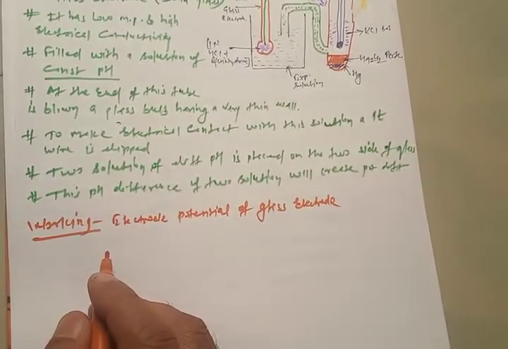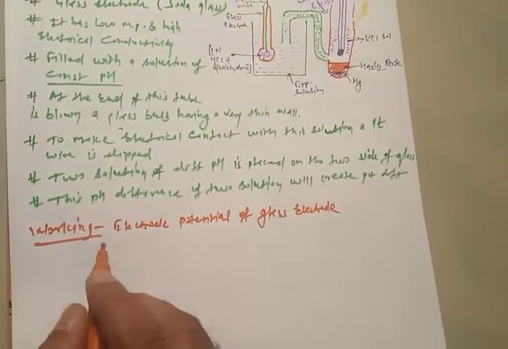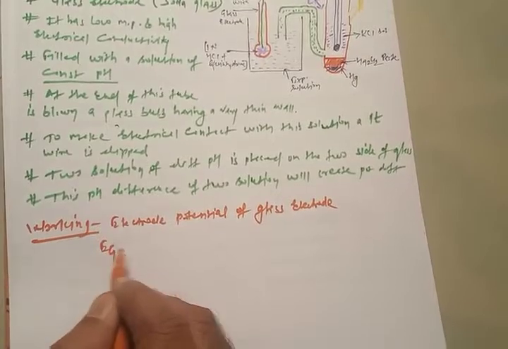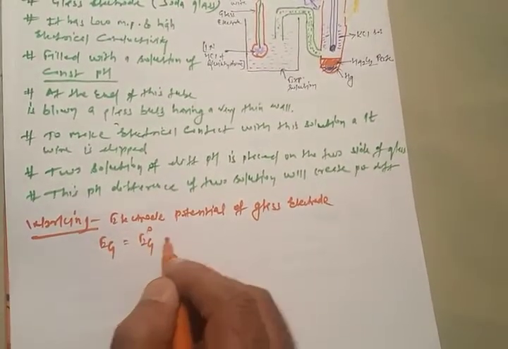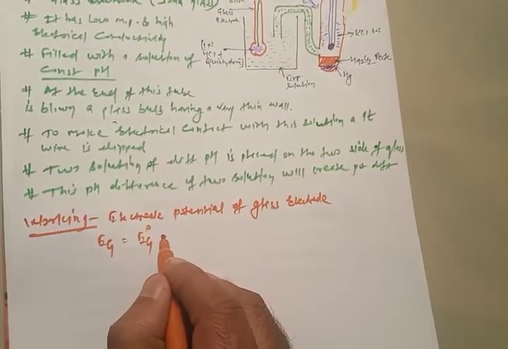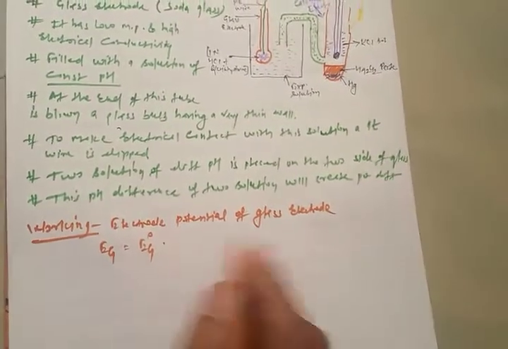While applying the Nernst equation, Eg indicates the glass electrode, and E naught G is the standard value.